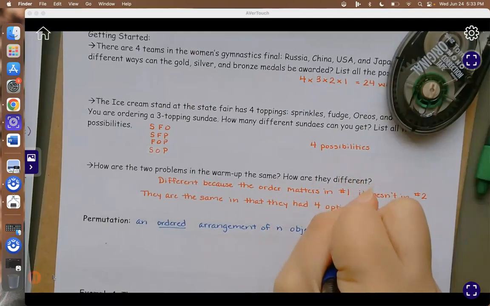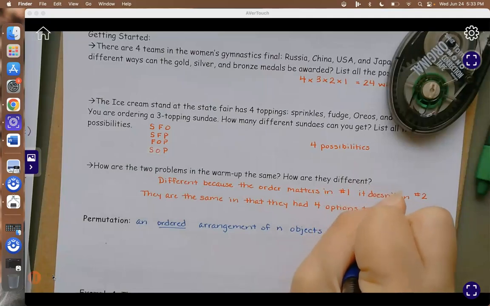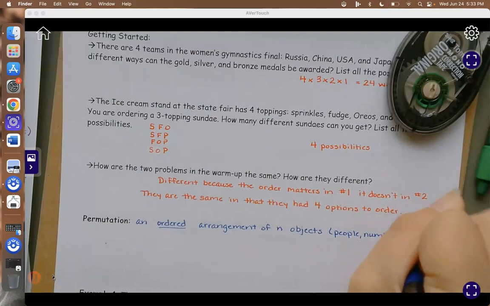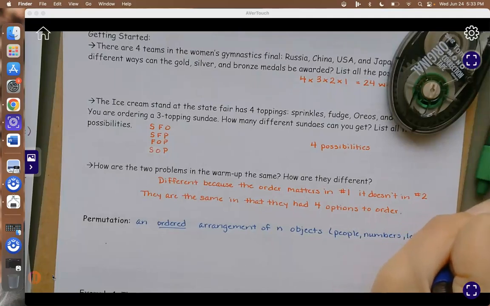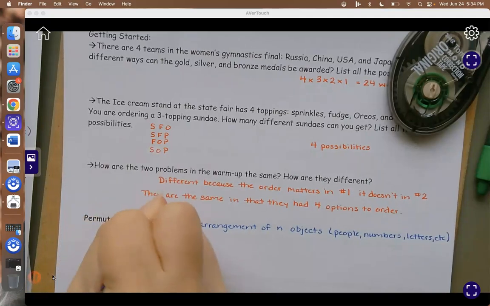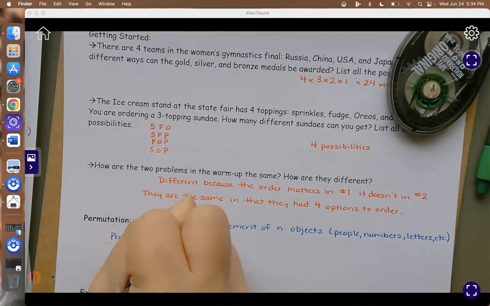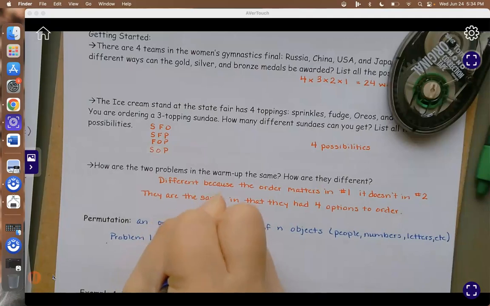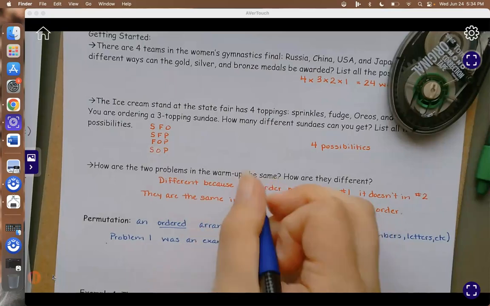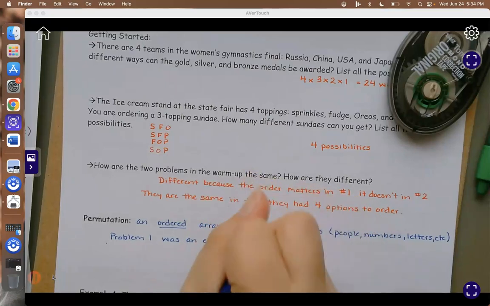And it could be people, numbers, letters, etc. Okay. Problem 1 was an example of a permutation.